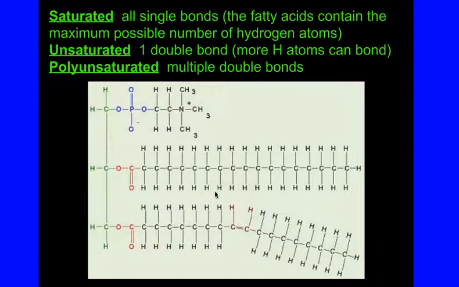Basically what this does is it makes it easier to break down this molecule. Double bonds are a lot easier to break than single bonds. So unsaturated fat is better for you than saturated fat because it's easier to break it down and use the energy.